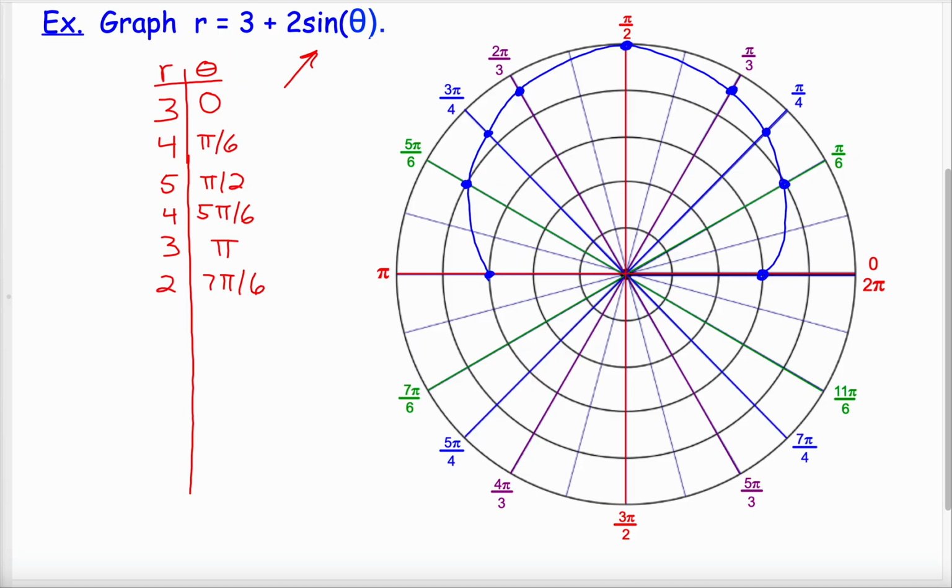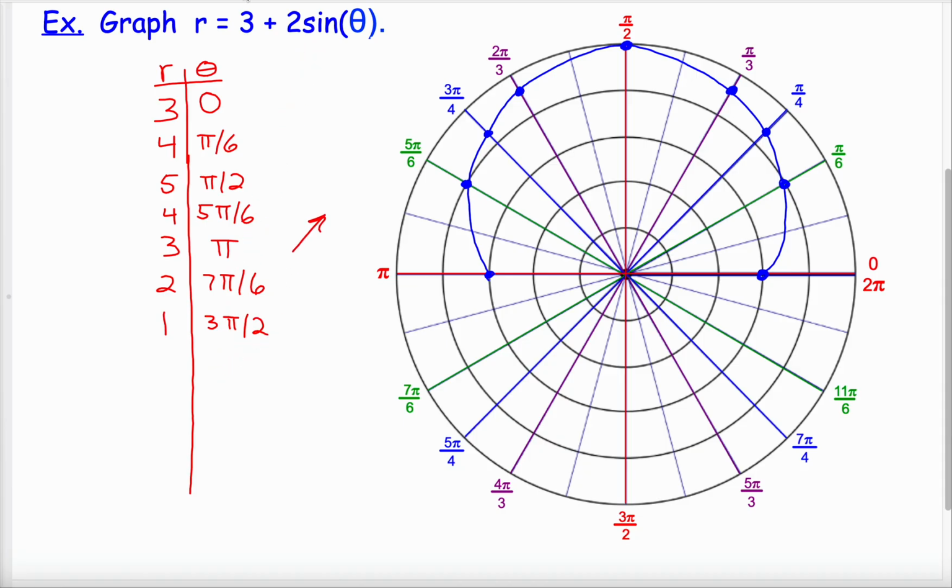And then I'm going to jump to 3 pi over 2. And at 3 pi over 2, what's the sine? Negative 1 times 2 is negative 2. 3 plus negative 2 gives us a 1. That's going to be our smallest r value in our whole entire table, because that's the smallest value we can get for sine, and that happens at 3 pi over 2.